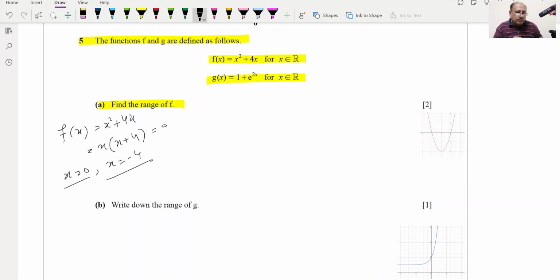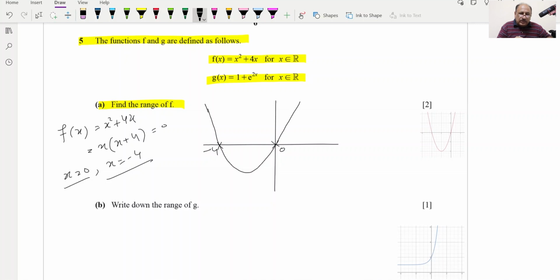So these will be the two solutions, and we can draw a rough sketch. It will be 0 and minus 4, so we can take this one as minus 4 and this one as 0, and this will be a symmetric curve like this one, because this is a quadratic equation.